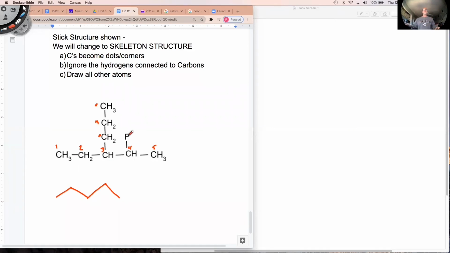So then what's going to happen is you look at carbon 1, carbon 2, carbon 3. And then what's coming off of carbon 3? You have 3 carbons coming off. So you just go 1, whoops, that's not a very straight line. So then you just go 1, right?